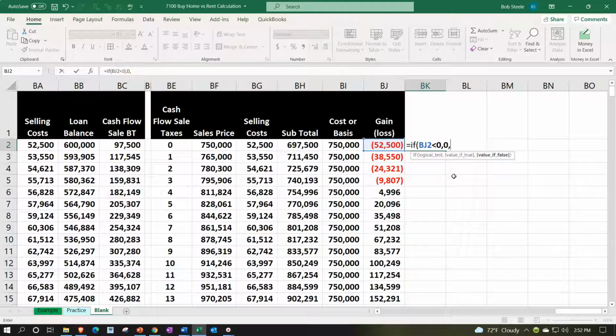If it's greater than 0, I either take this number or I cap it at 250, which means I need to embed another if function at this point. So I'm going to embed another one, if brackets.